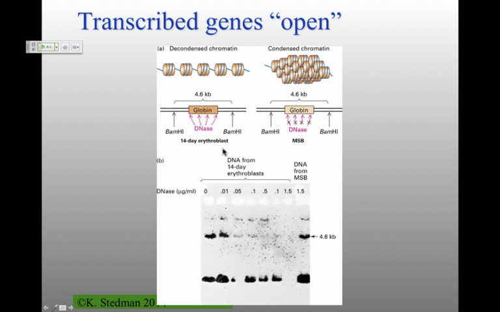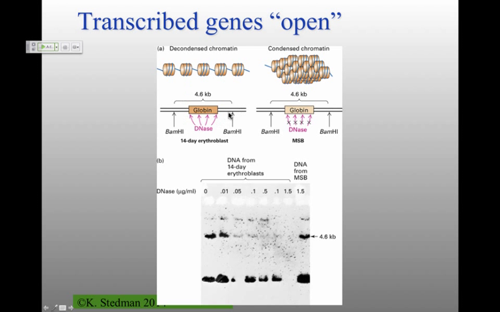One way you can look at this is actually very similar to that micrococcal nuclease experiment that we talked about. If you now look at DNA which is encoding one of the globin genes, globins are wonderful examples, mostly because it's easy to isolate blood cells that have these genes in them.